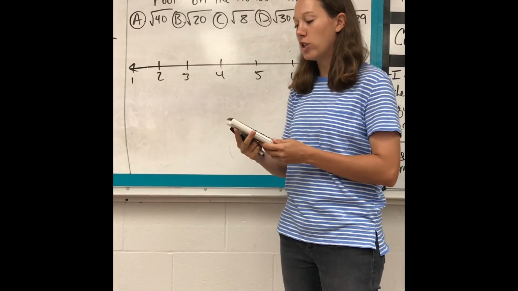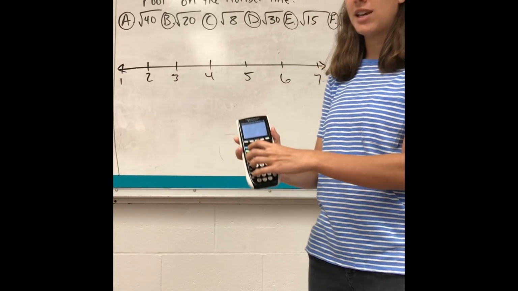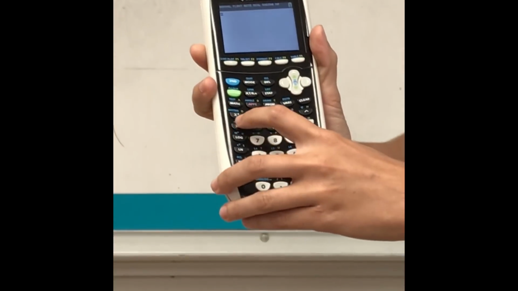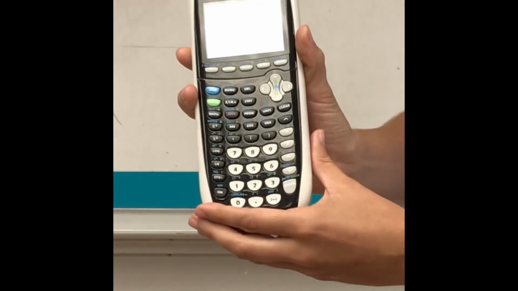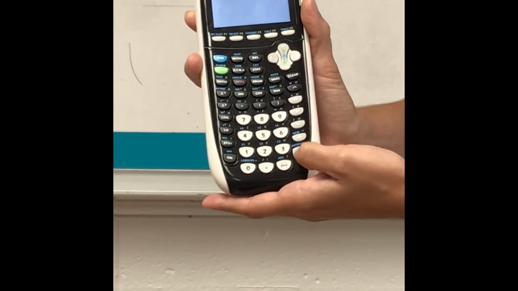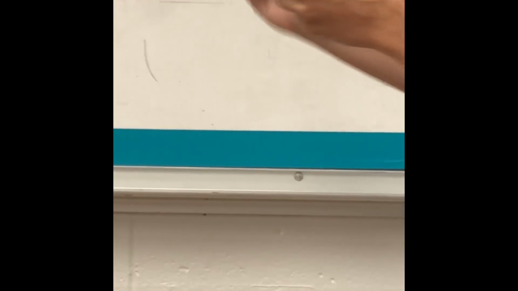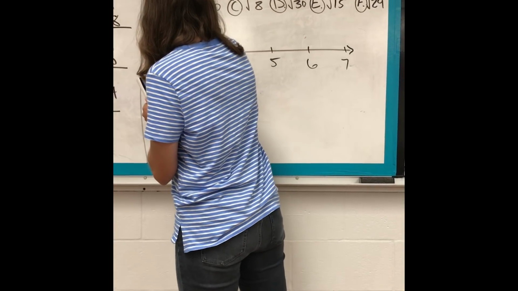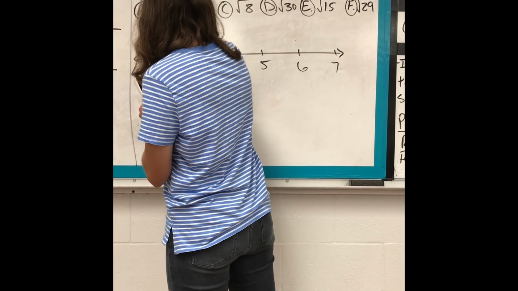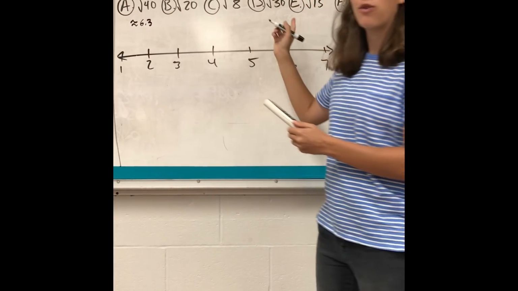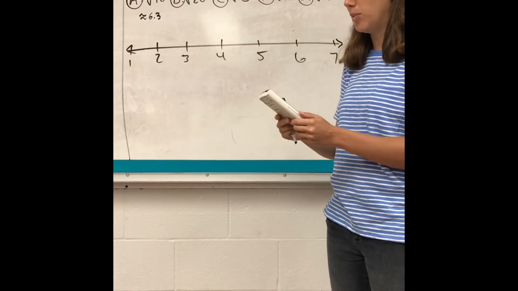So for the square root of 40, if we press the second key and then x squared, it'll have our square root sign. Type in 40 and press enter. Our calculator says that is about 6.3. And I'm going to go ahead and do that for all of my square roots before I put them on the number line.